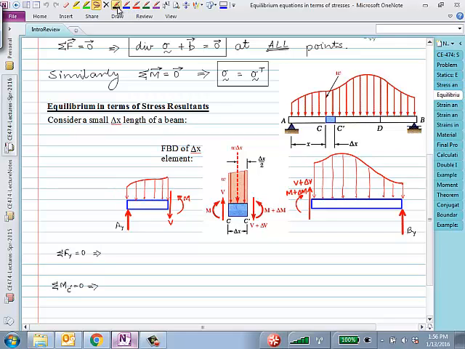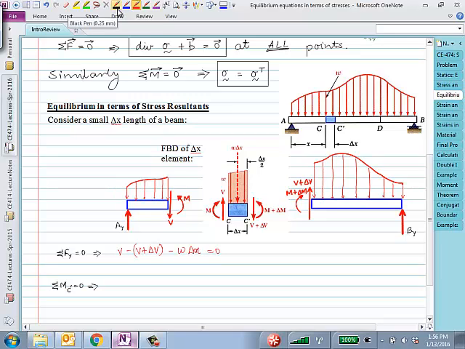We have V pointing up, V plus delta V pointing down. What other y forces do we have here? W delta X, and that's in the negative direction. So we have minus W delta X, and clearly no other force.